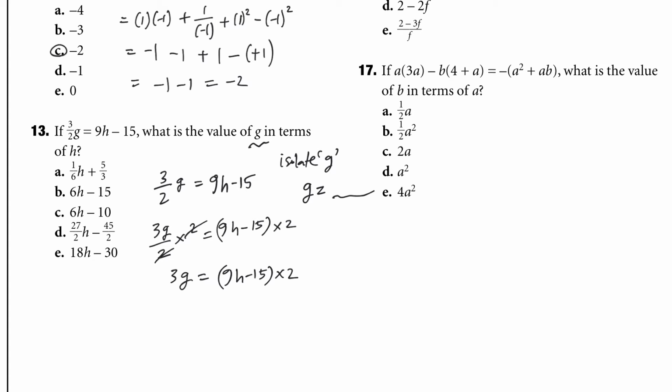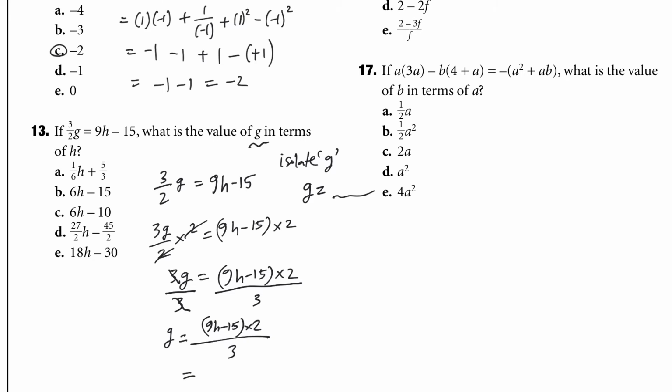And now I want to get rid of 3. That means I want to divide both sides by 3. And always remember, whatever you do to one side, you have to do to the other side. Now these cancel out. So you're left with g is equal to 9h minus 15 times 2 over 3.